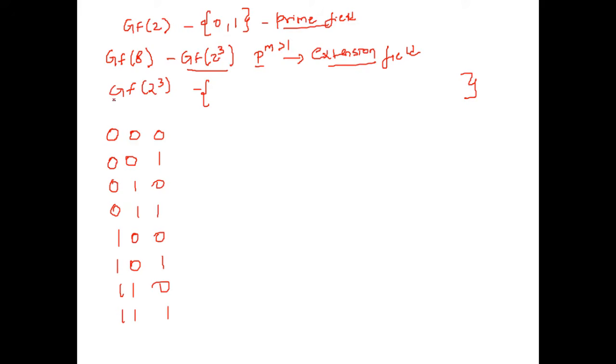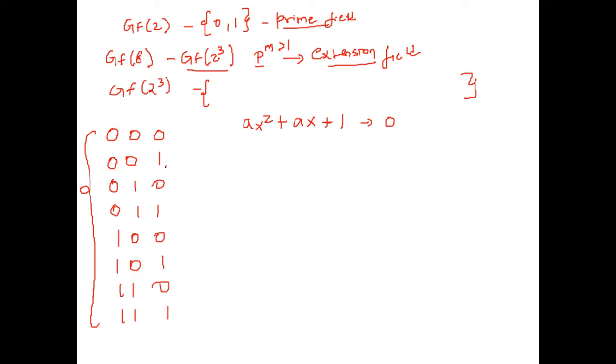So when you talk about the polynomials in GF(2^3), they take up this form, that is ax^2 + ax + 1. How many elements are there? 8 elements are given here. When I say 0 0 0, all these terms are 0, so the output is 0.